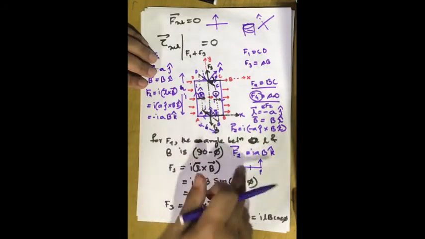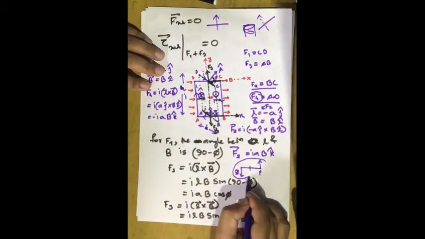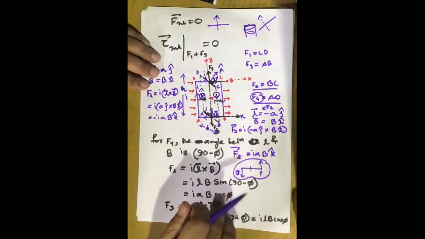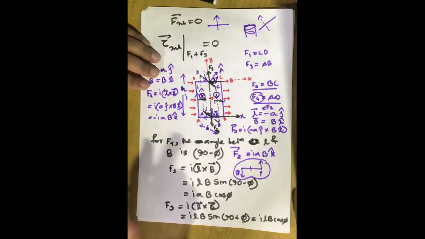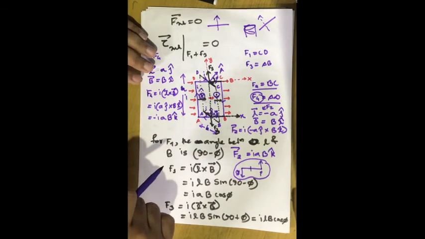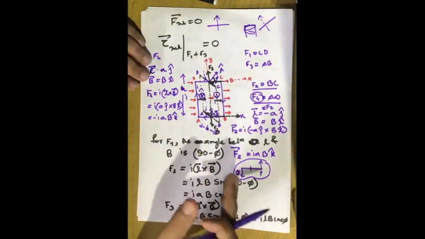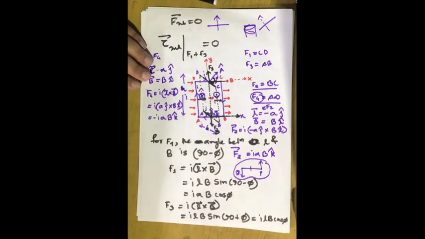But in this case, the forces are not coplanar. As you can find from this figure, these forces have different points of action, therefore they will constitute a torque, and that torque is basically going to rotate the current loop in its plane. Okay, so in the next part, I am going to find out the magnitude of this torque.